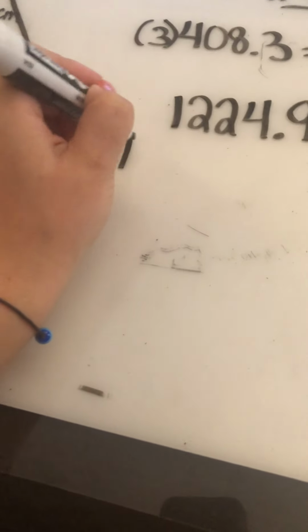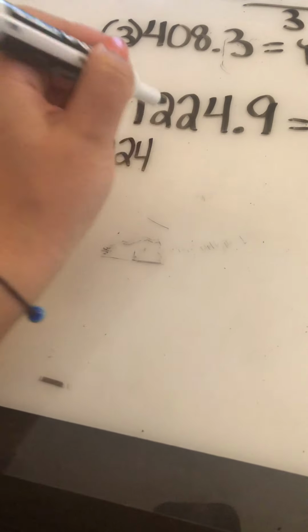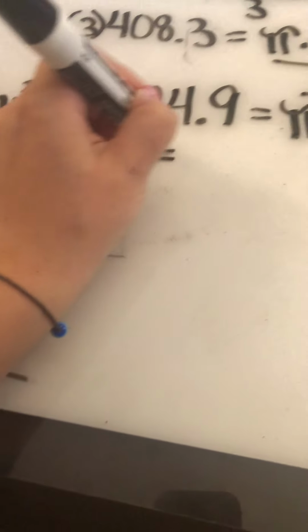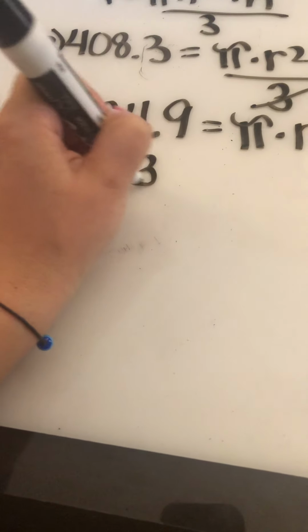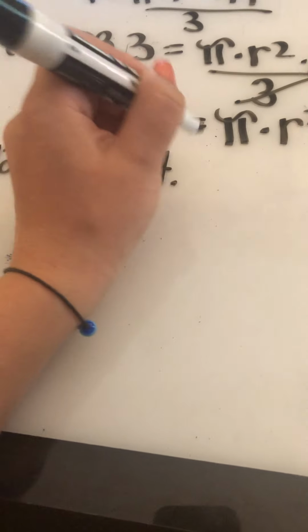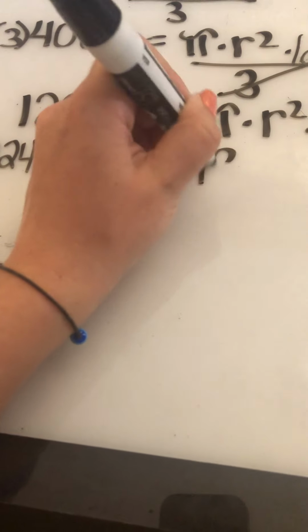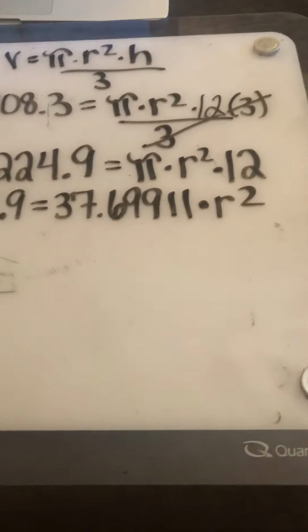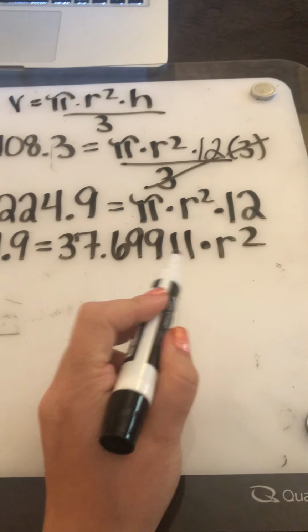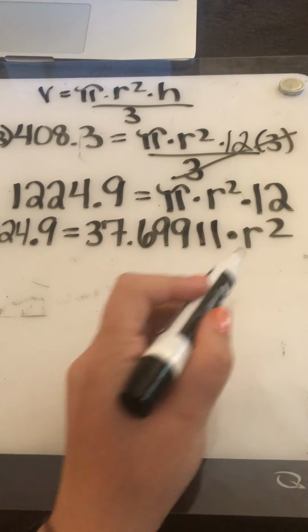So we're going to get 1224.9 on the left will stay. And then 12 times pi is approximately 37.69911 times r squared. There were obviously more digits after this, but I'm just keeping 5 digits after for my best approximation.